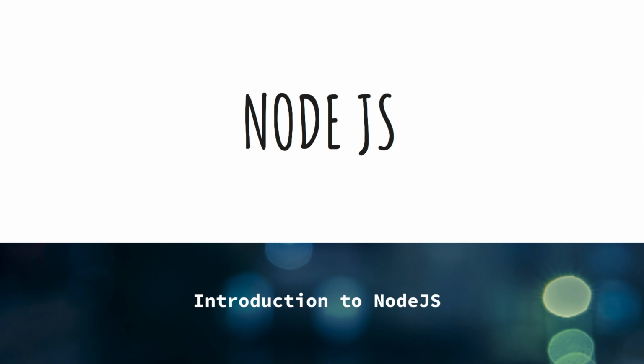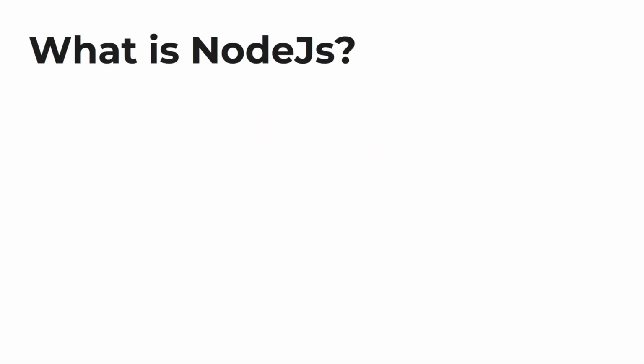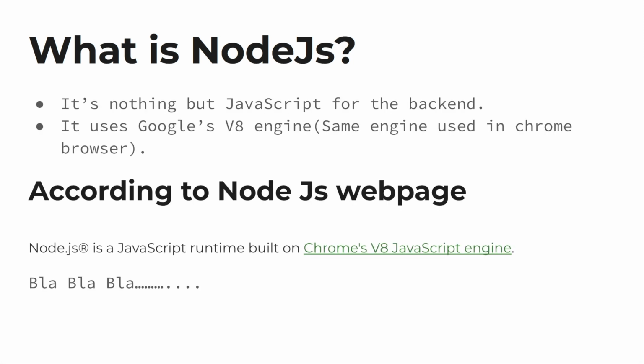Otherwise, let's get started. So what exactly is Node.js? Node.js is nothing but a tool that lets you write JavaScript for the backend. Before the introduction of Node.js, JavaScript could only be used on the client side, that is in the browser.